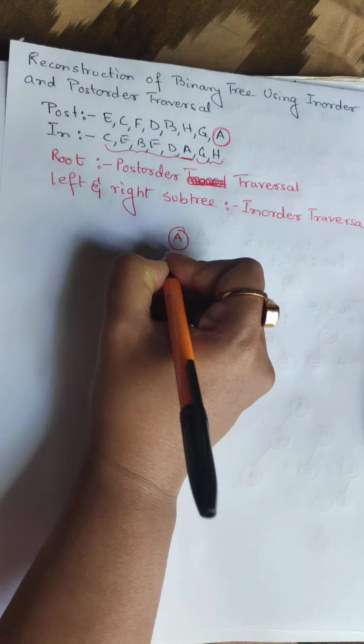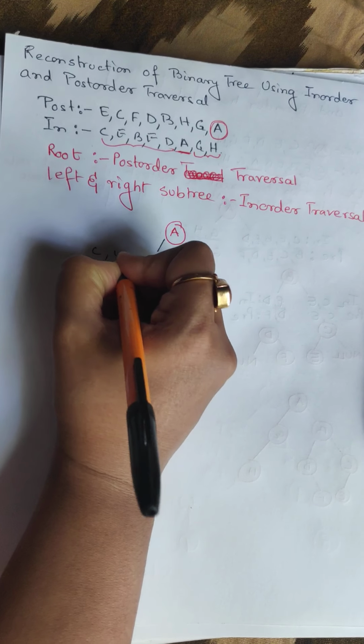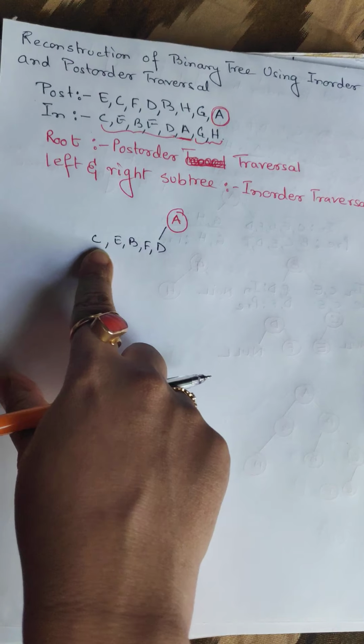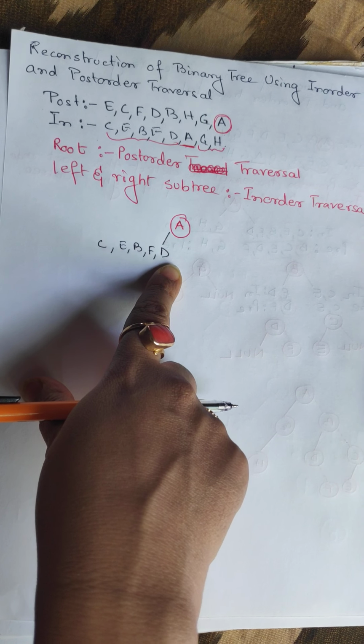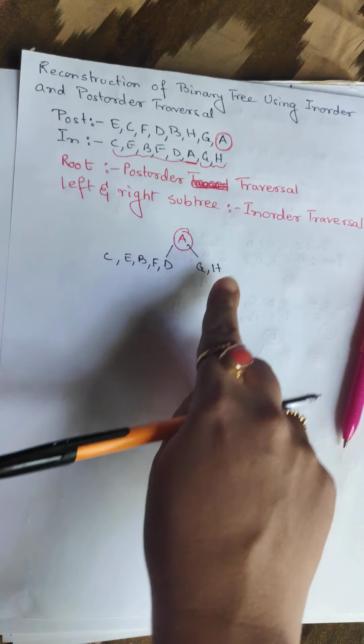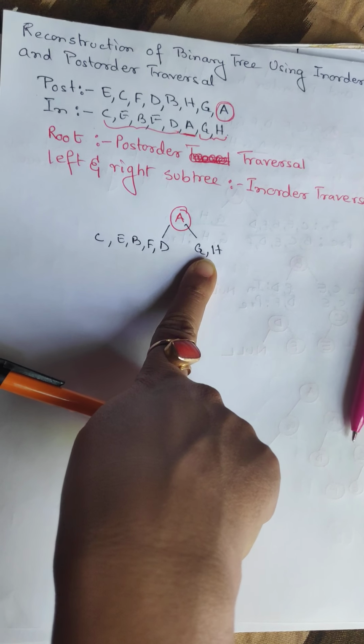So therefore, C, E, B, F and D, this is the left subtree of A. G, H, this is the right subtree of A.